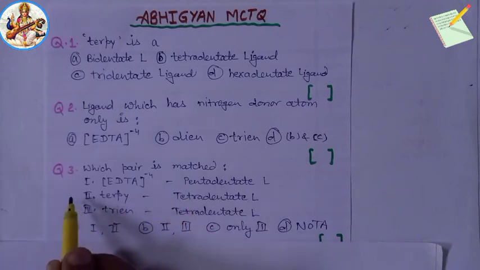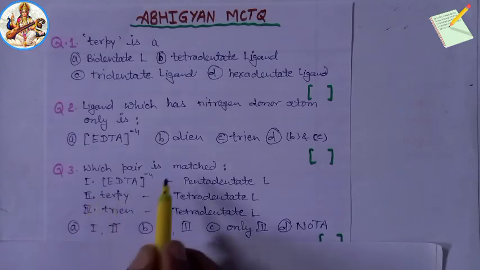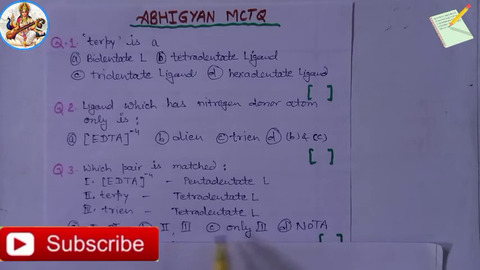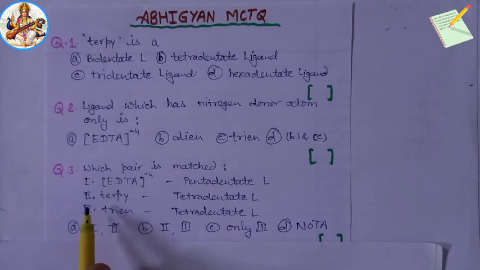Therefore it is also an unmatched pair. Third is trien, tetradentate ligand. We know that trien is a tetradentate ligand, so the matched pair is the third. So option A first and second, B second and third, C only third. So the answer will be option C, only third.